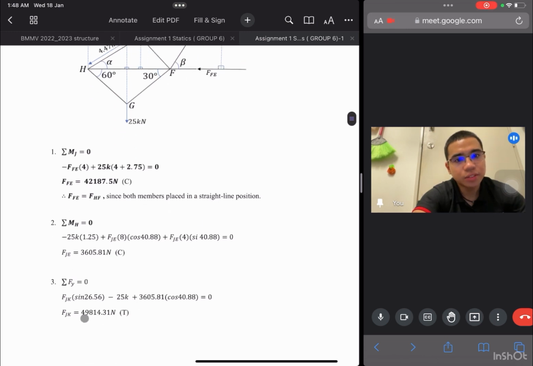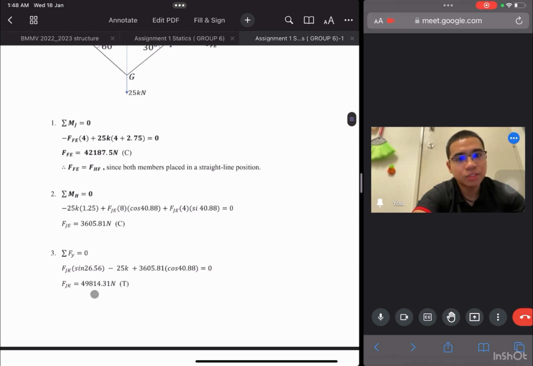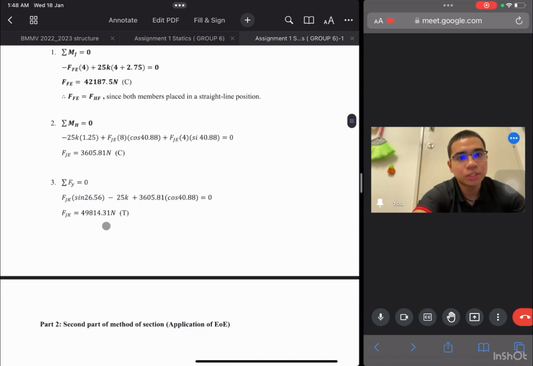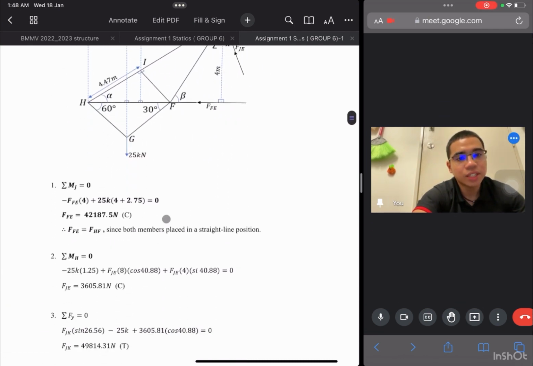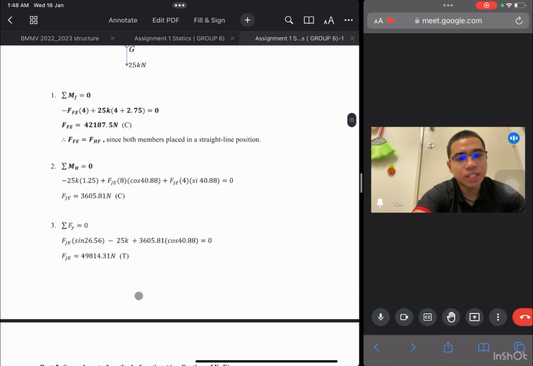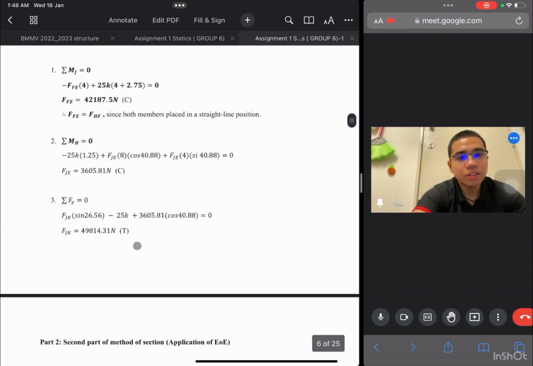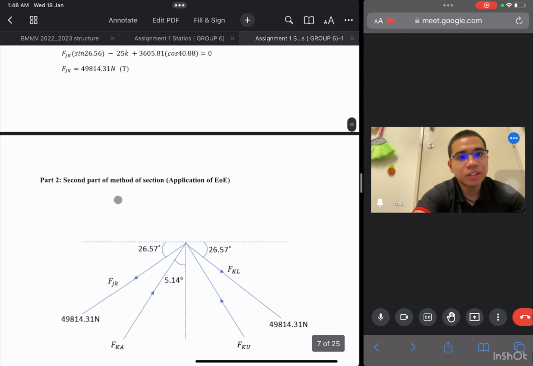So we'll get FJK to 49,814.31 Newton. From direction, we can see that FJK is actually a tension force.